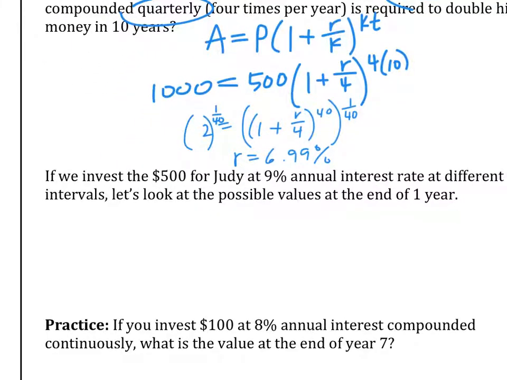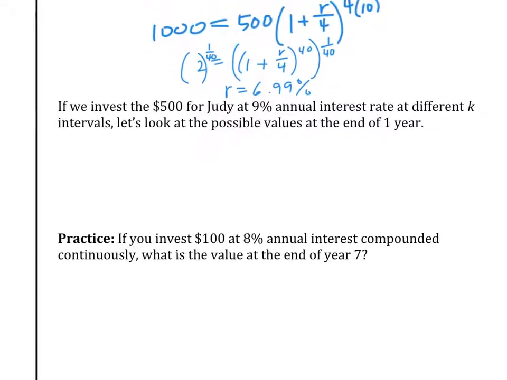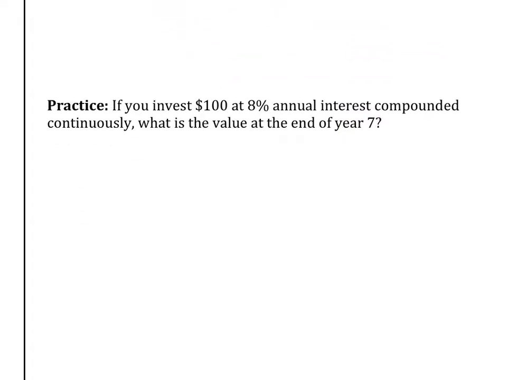All right, let's look at one more. If you invest $100 at 8% annual interest compounded continuously, what is the value at the end of year 7? 1, 2, 3, which one? 3. Continuously is the key word. So A equals P E to the RT.